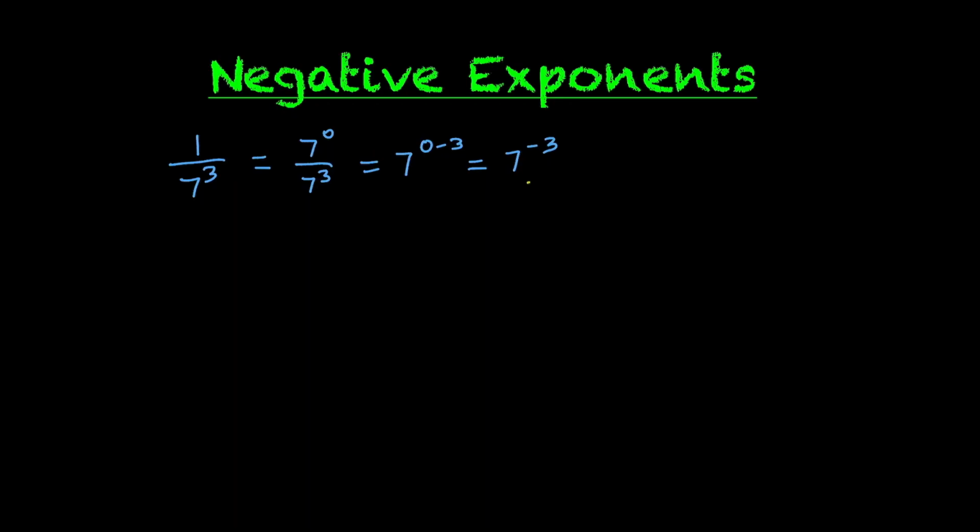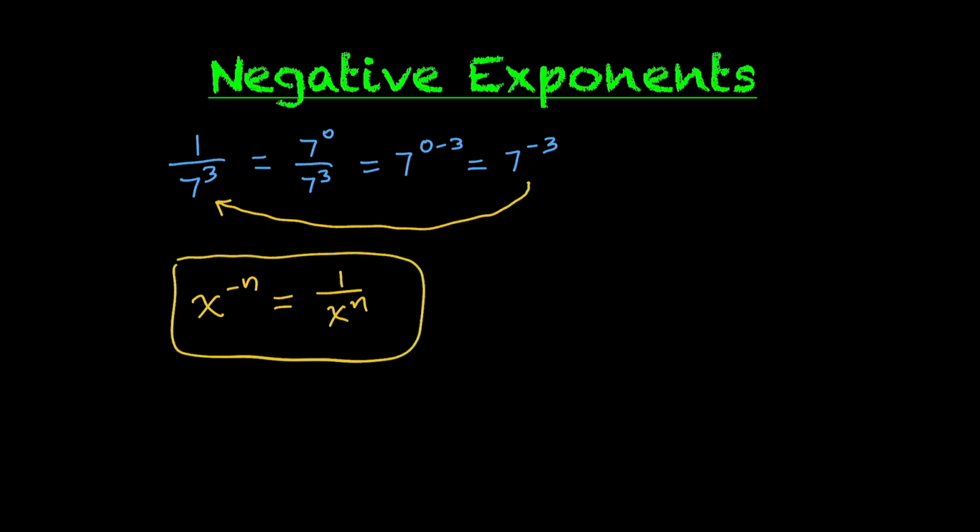So here we can see that that negative 3 power corresponds to putting a positive 3 power on the bottom. And again, this isn't a fluke, this happens in general, that if we have x to the minus n, that's the same thing as 1 over x to the positive n. Okay, and again, that will work in general as long as x is not equal to 0.